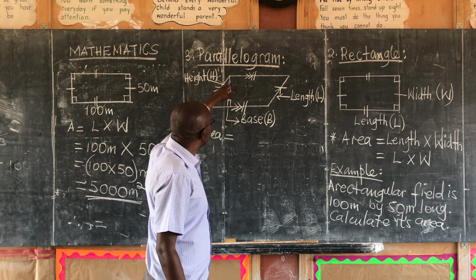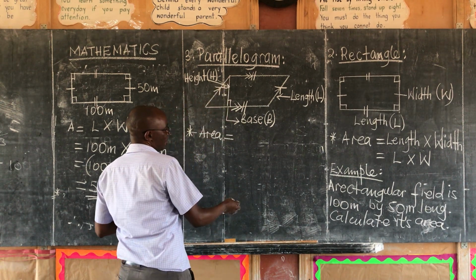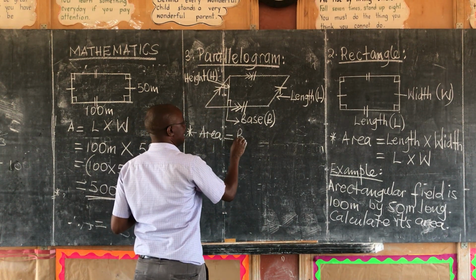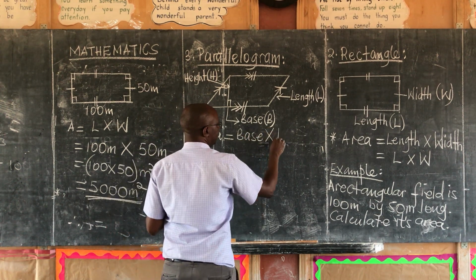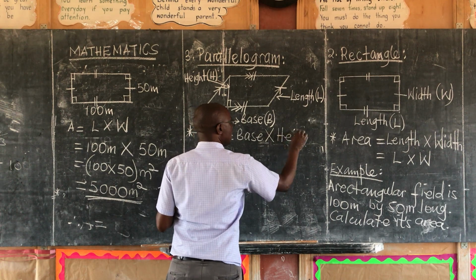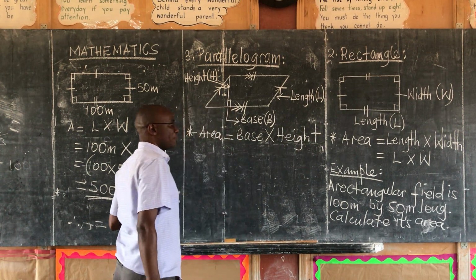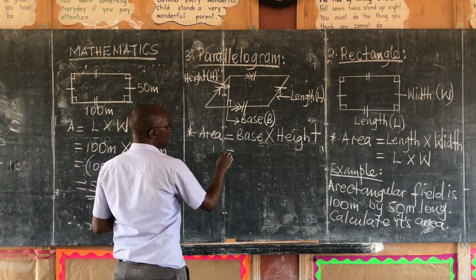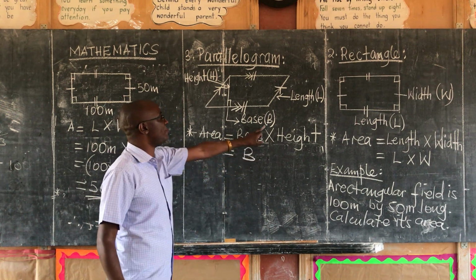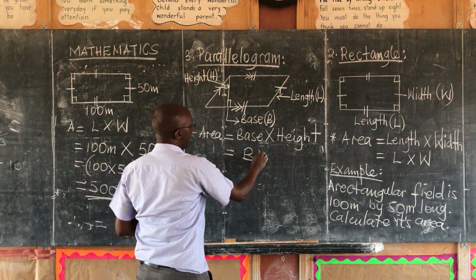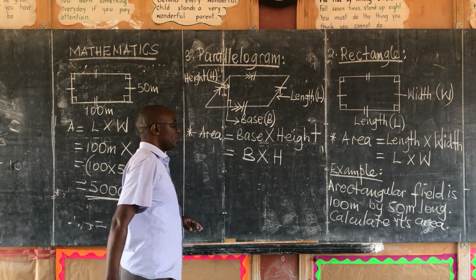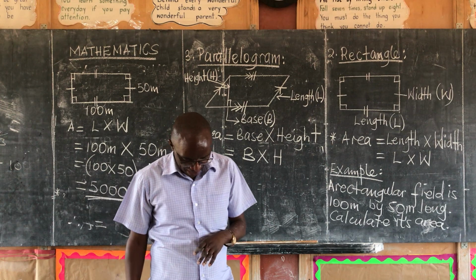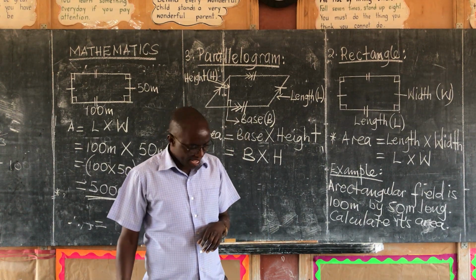Area of a parallelogram is equal to base times height, which is B, where B represents the base, times H, which represents the height of the parallelogram.